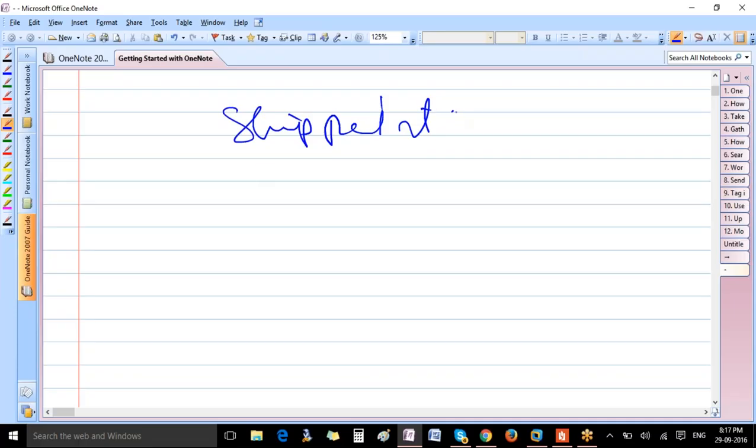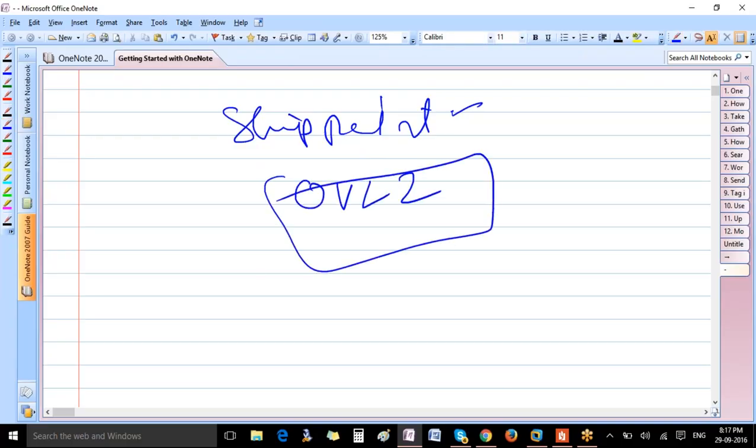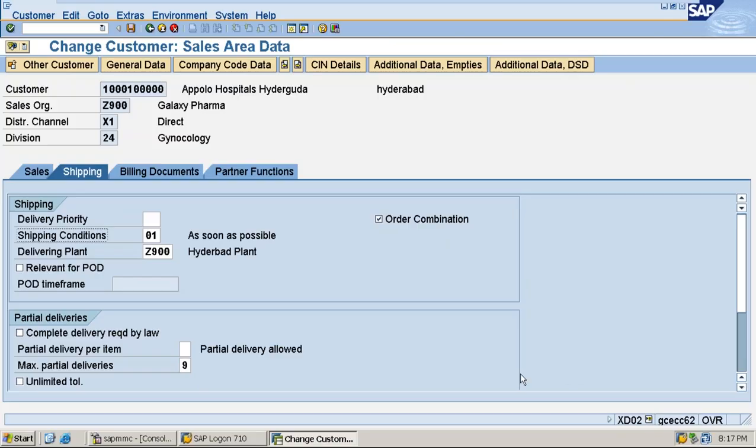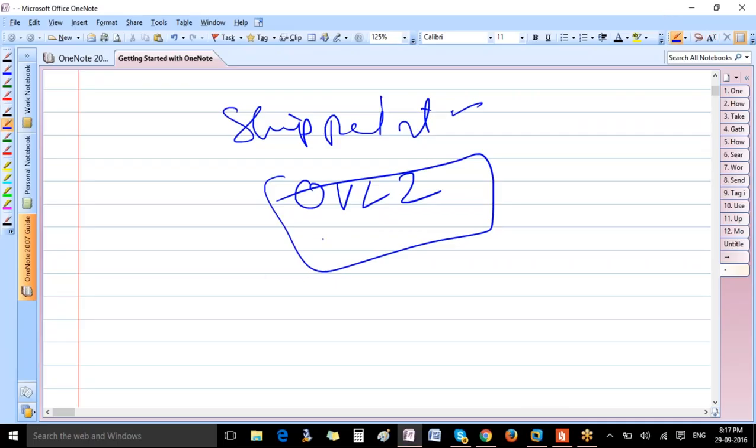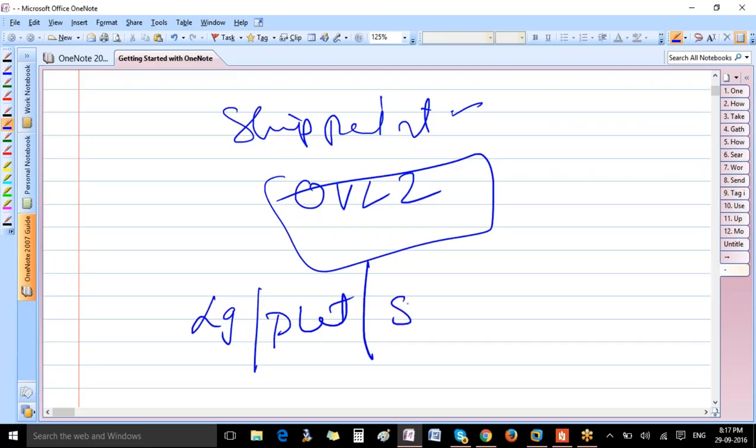So how does this shipping point get determined for this customer? Based upon some parameters. The shipping point determination transaction code is OVL2, and in there you have some parameters which determine what shipping point is to be determined. The shipping point is determined based upon the parameters in OVL2: loading group, plant, and shipping condition.